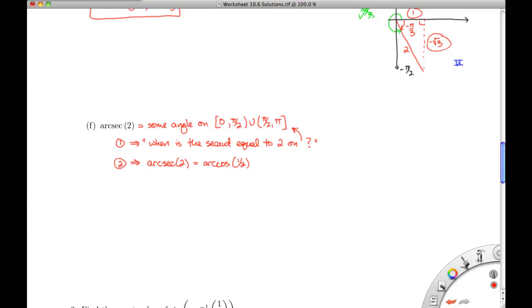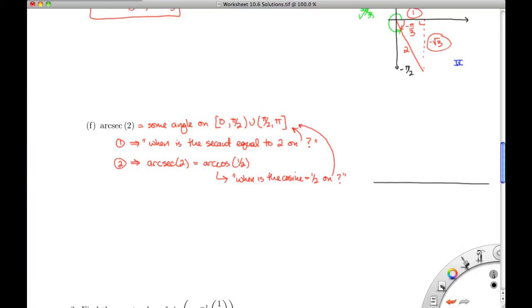So we could ask ourselves from this, well, when is the cosine equal to 1/2 on, again, this restricted set of angles that we have here? So you could really think of this in either way, using the fact that they're reciprocal functions of each other, or just going straight to the secant. Let's go ahead and sketch it either way.